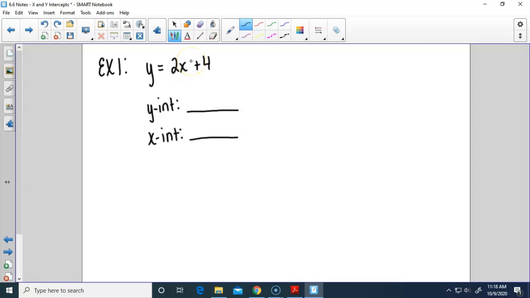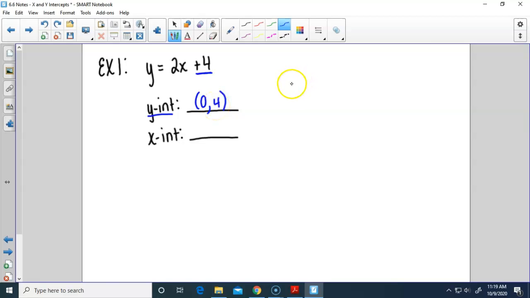Knowing what we already know, we can find the y-intercept really quickly because this is already in y equals mx plus b form. So right here, that's my y-intercept. It's 4. You're probably going to see it written as a point, which is 0, 4.